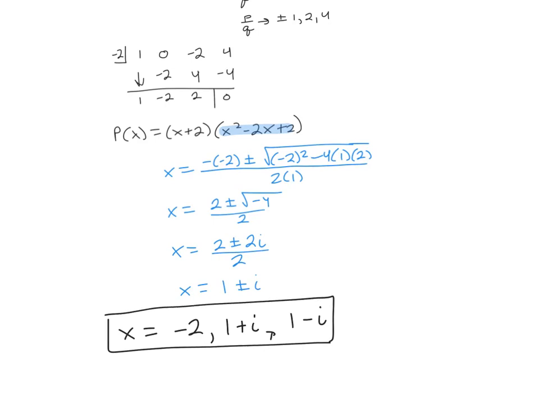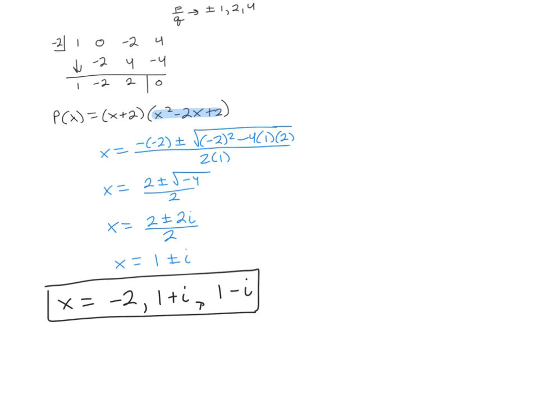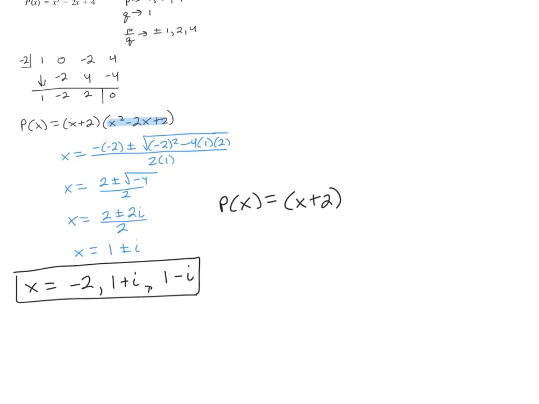Now to do the complete factorization here, we have to be careful. Remember, our general process is x minus our zero. So x minus -2 becomes x plus 2. And then we're going to do x minus, and then in parentheses, 1 plus i, and x minus, in parentheses, 1 minus i.